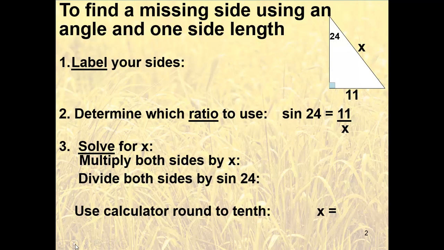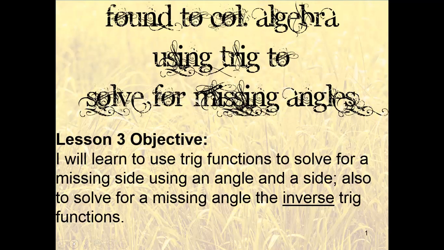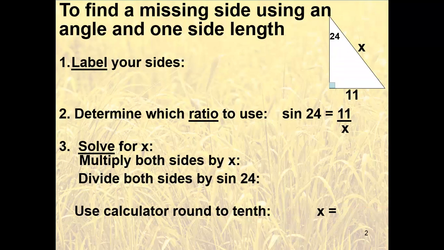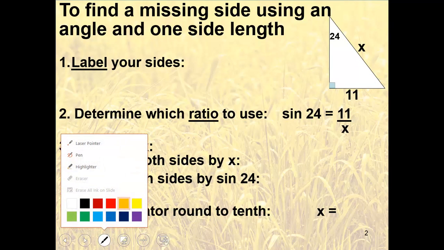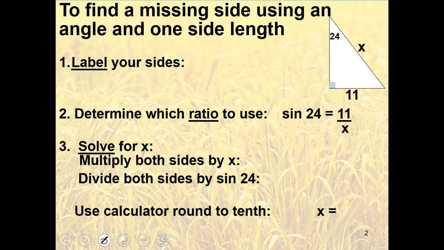All right, still working with missing sides here, but we're going to plug in the same formula a little bit differently. If they give you a diagram, here's our triangle that we're given.